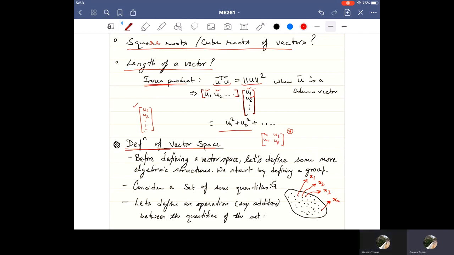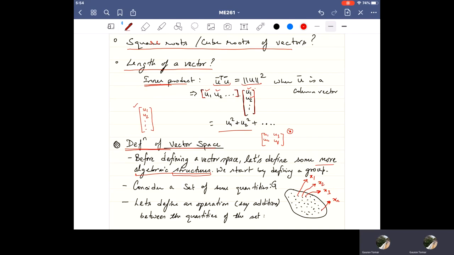We'll learn this. Now, before defining a vector space, we'll define some more algebraic structures, as I will call them. These are algebraic structures that people have defined over time to formalize this particular stream of mathematics.